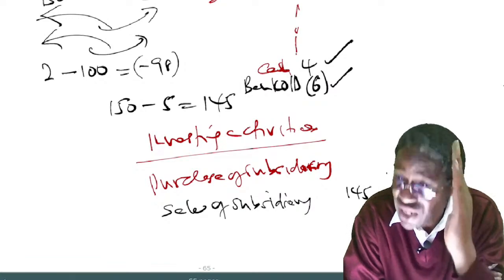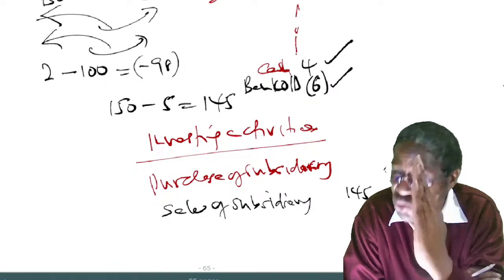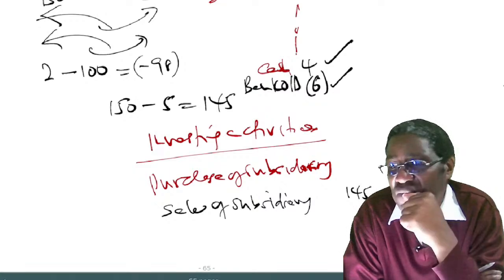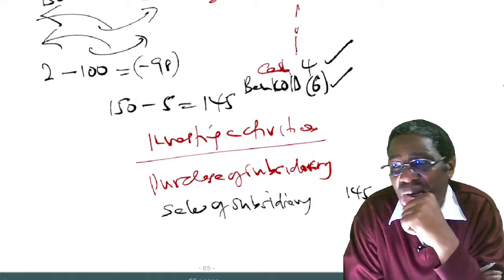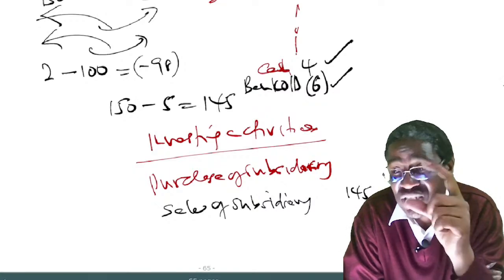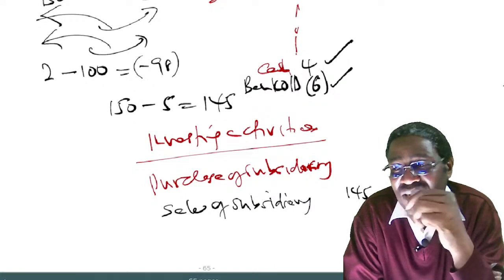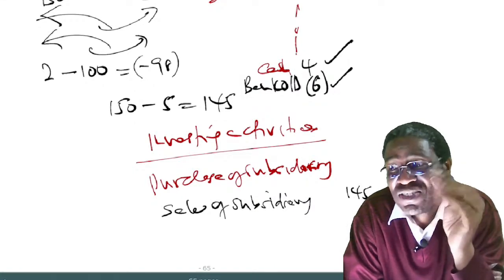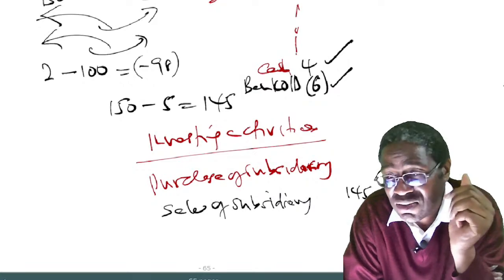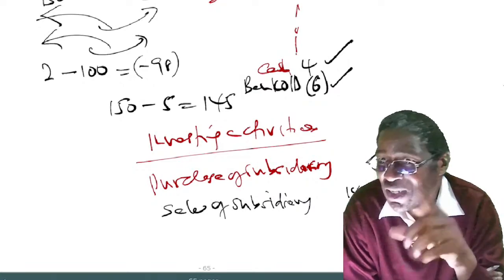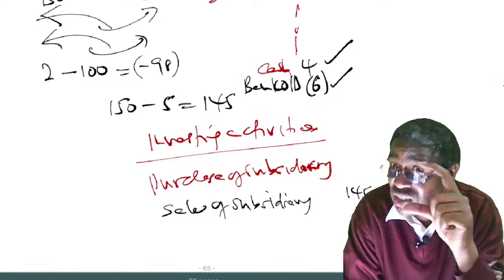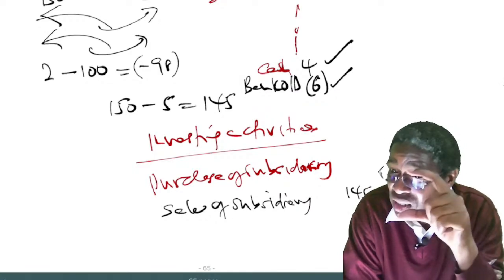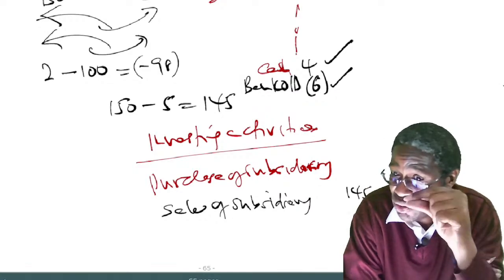Take what came in, minus what went out. Some people are getting 122. Some are getting 118. The argument does not change.